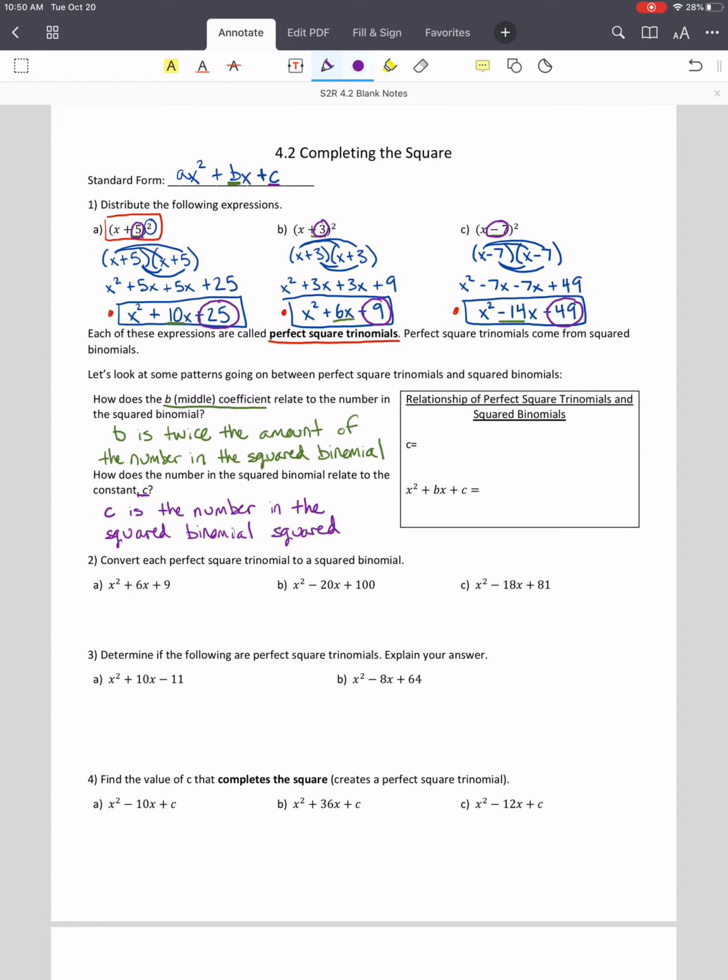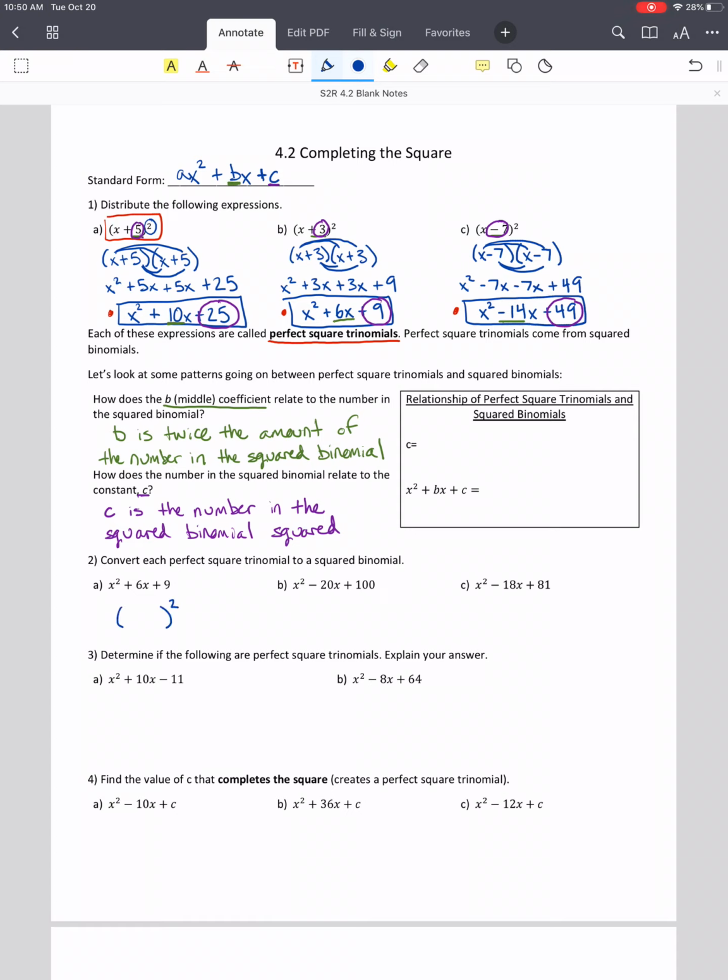So let's look at number 2, part A. I want to rewrite x squared plus 6x plus 9 as a squared binomial. So it's going to be something squared. Since a is equal to 1, the first term is going to be x.